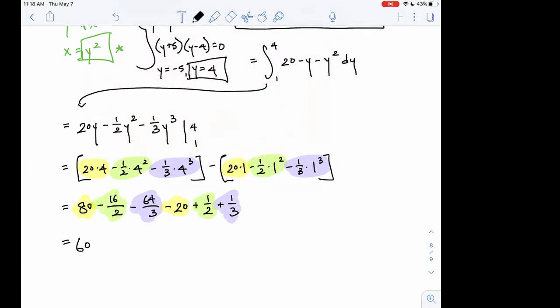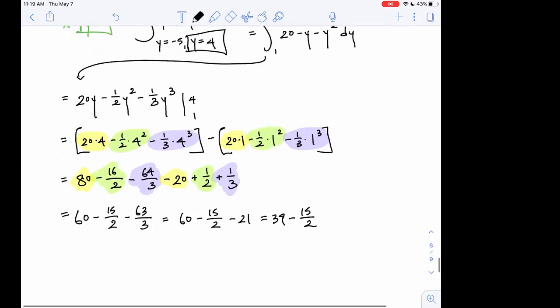So 60 minus 15/2 minus 63/3. This doesn't always happen, but 63 is divisible by 3, so that's going to be 21. So that'll give me 39 minus 15 over 2. And then 39 is going to be 78 over 2 minus 15 over 2, and that's going to give me 63 over 2.